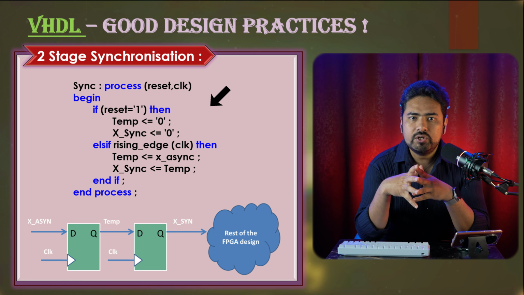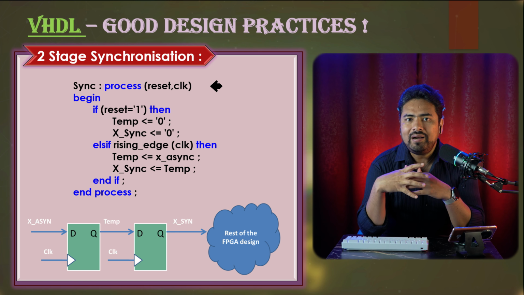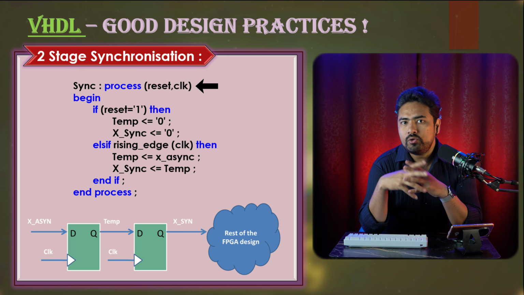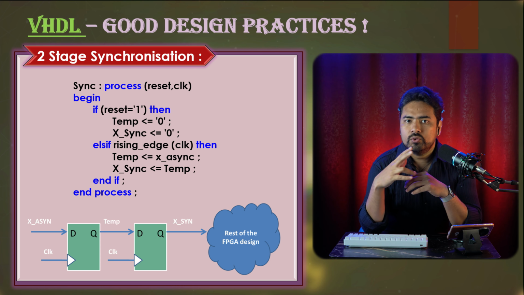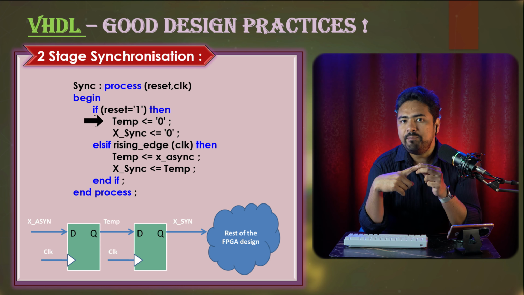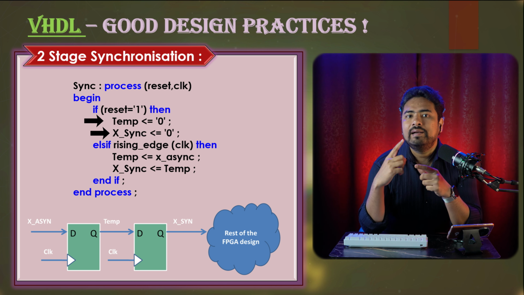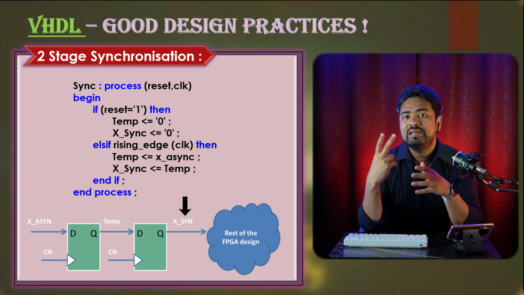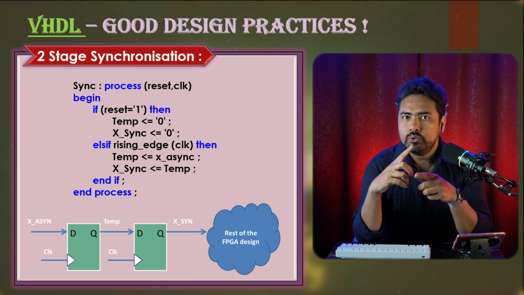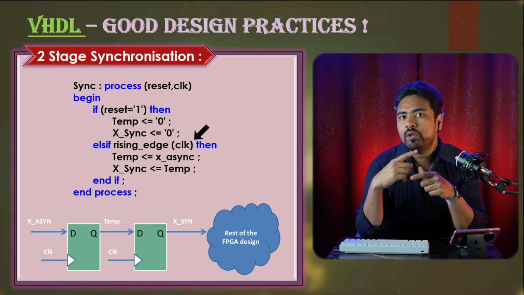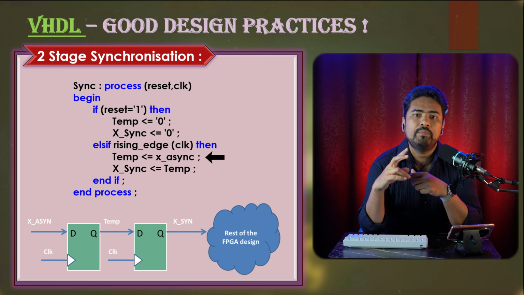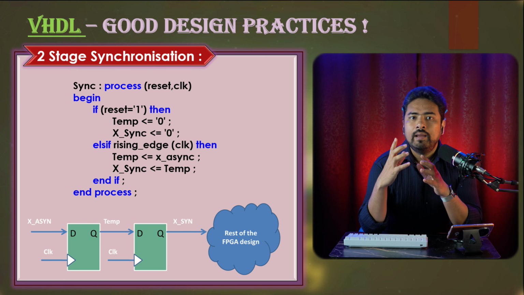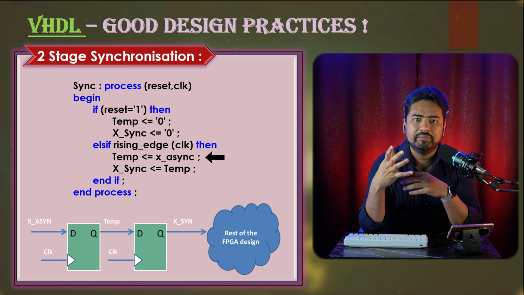So this is the VHDL code for this. We need a registered process block to implement two flip-flops. So we have two signals, temp and xsync. Temp is the output of the first flip-flop and xsync is the output of the second flip-flop. At the first rising edge of the clock, your asynchronous input will pass through the first flip-flop, into the signal temp here.